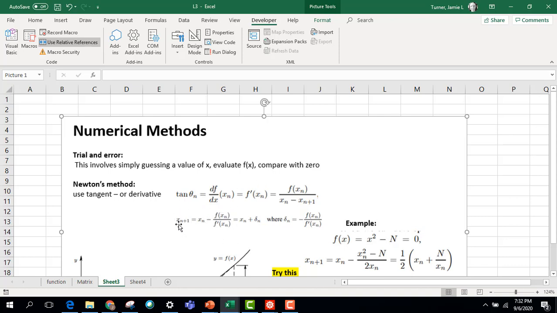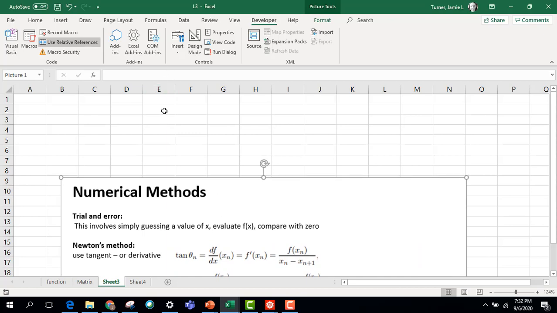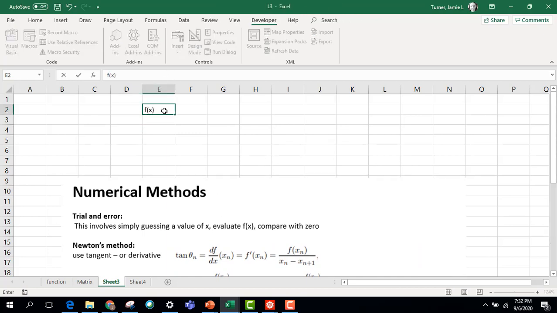So the new point is equal to the old point minus the original equation over the derivative. Let's say here's our original equation, f sub x, and we have something like x squared minus 100. The derivative of that, f prime sub x, in this case is just 2x.